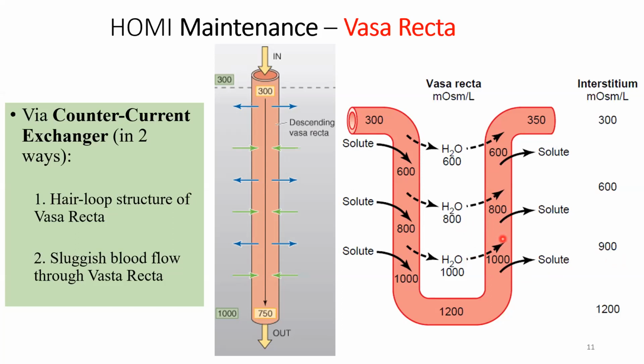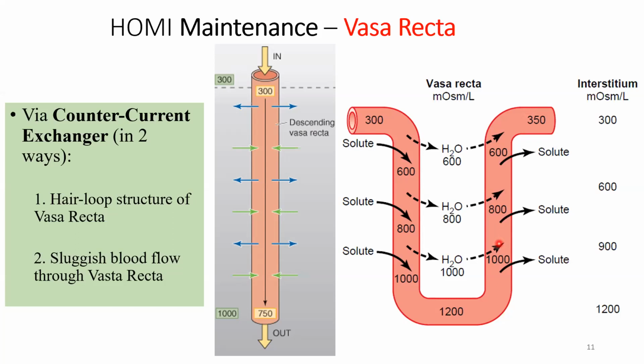It will pick up water. It will give out its solute. There you have it. As it ascends, it keeps on doing it, picking up that water, giving out that solute till it exits. So what happens in the net? The net is you take out water and very little solute.